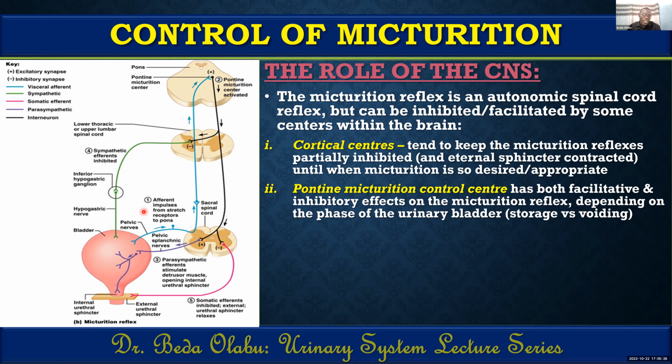So these impulses carry information to the pons regarding how much the urinary bladder is stretched. If it's not adequately stretched, that will be the filling phase. So these things are inhibited. If it is adequately stretched, this will now initiate the voiding phase. So during the voiding phase, this is what happens.